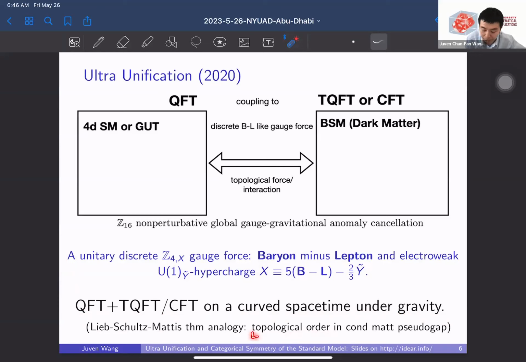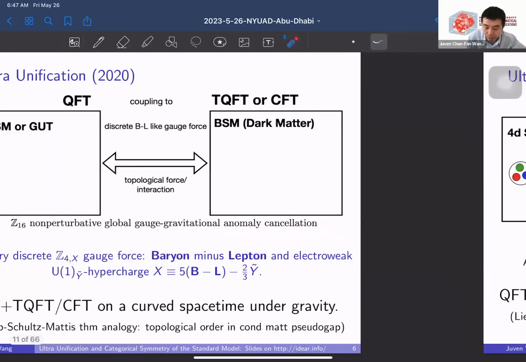They study the condensed matter pseudogap phases in high Tc, and for example Subir proposed there's a hidden topological order sector. So in that analogy, in my case, the standard model may contain a hidden topological order TQFT CFT sector, just meant to cancel some anomaly together.